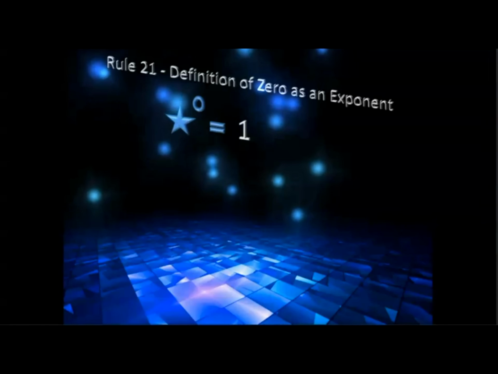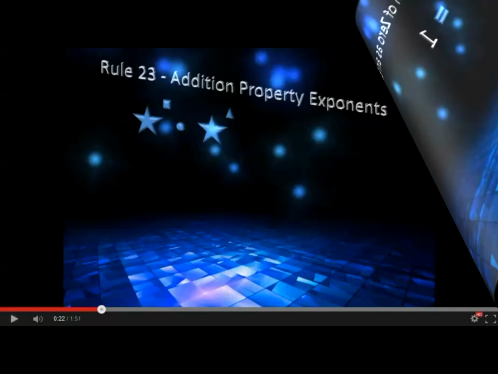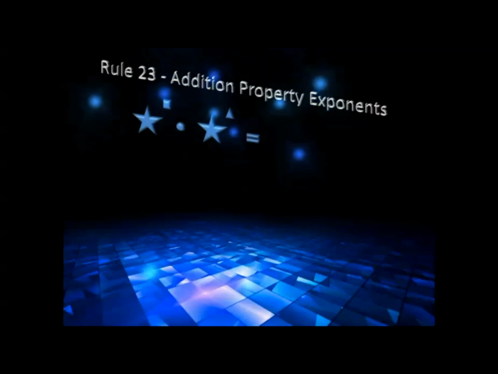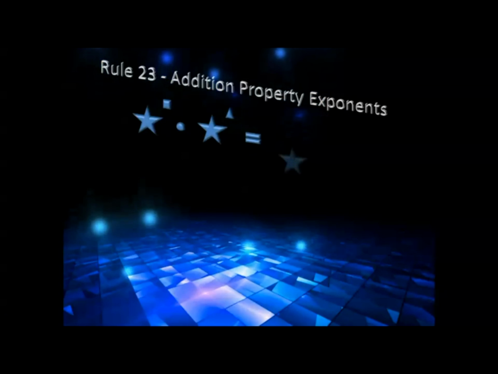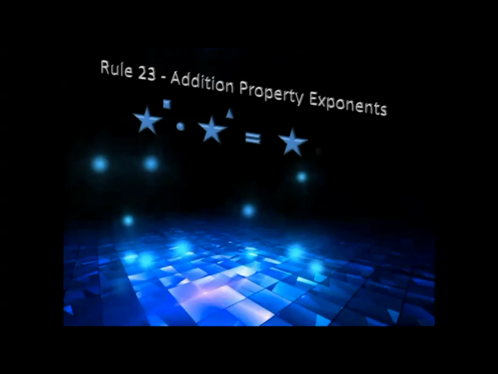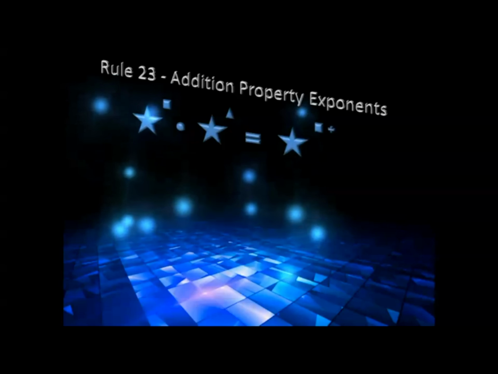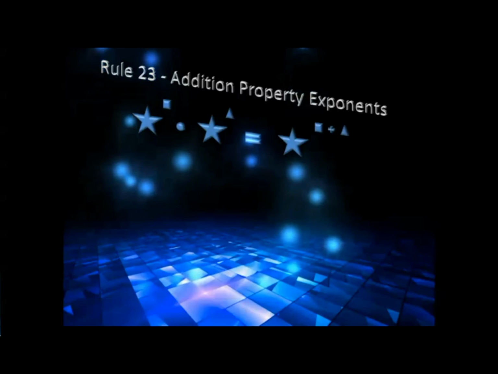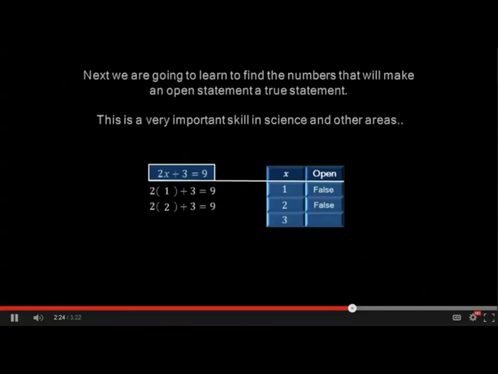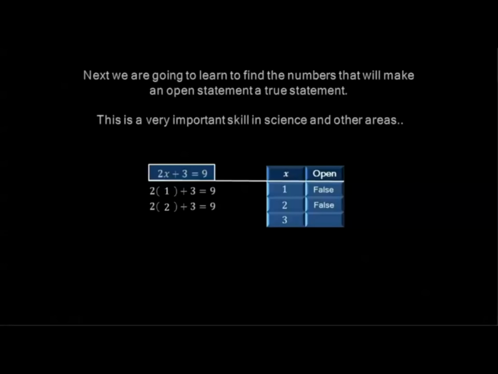Not 0, 1. Rule 23 says that that is equal to the common base raised to the sum of the two powers. We are interested in finding the number that will make it a true statement.